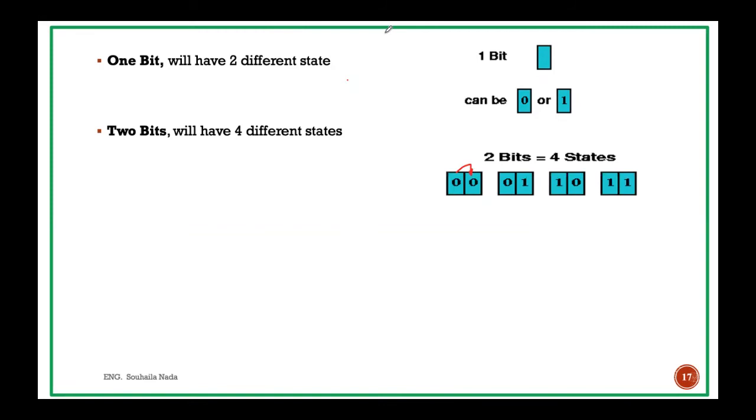Maybe Munir would like to save 0 and 1, the first place 0 and the second 1. Salma would store 1 and 0. Hana would store 1 and 1.